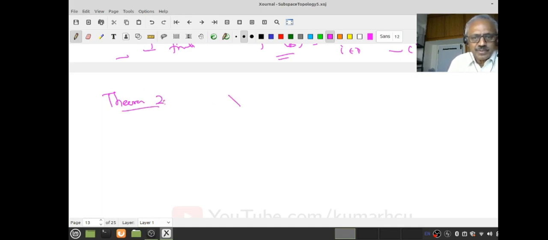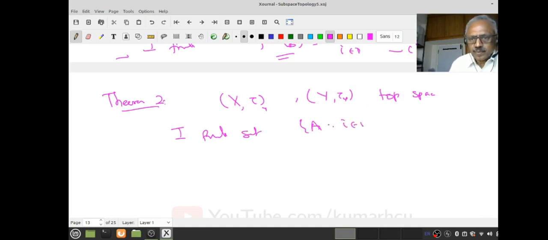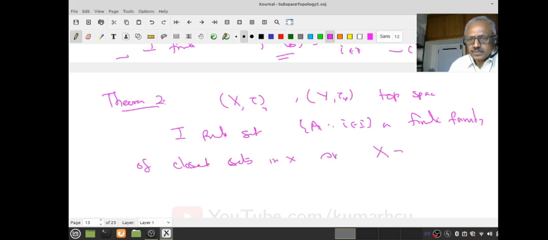So what I am assuming now: let (X, tau X) and (Y, tau Y) be topological spaces, and assume I is a finite set and A is a finite collection of closed sets so that X is the union of the Ai. If you want, you can now think of it as A1 union A2 union up to AN, but that doesn't matter.